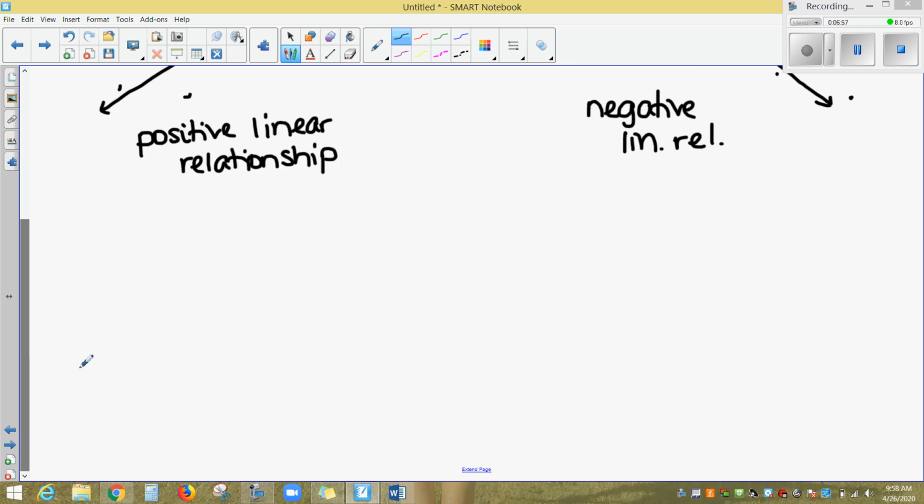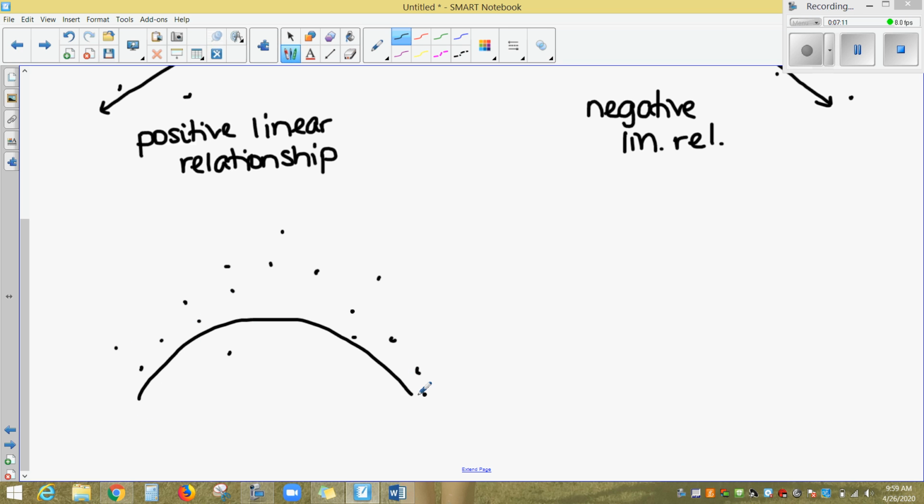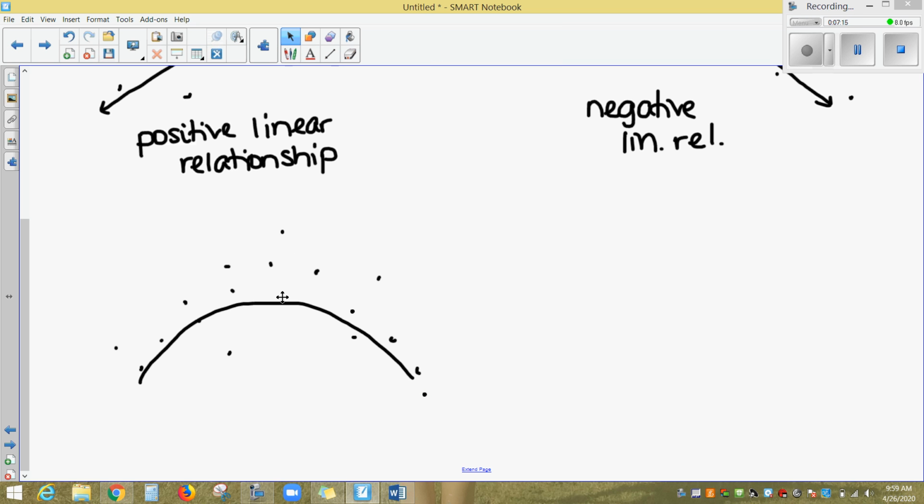If our dots, I'm trying to make it kind of a blob looking thing here, aren't in a straight line, but look like maybe they follow some sort of shape. That sort of follows a curve. Okay, sort of.